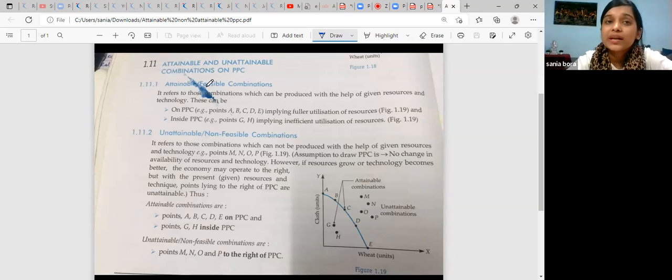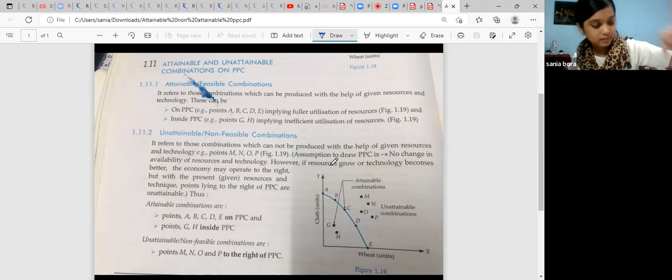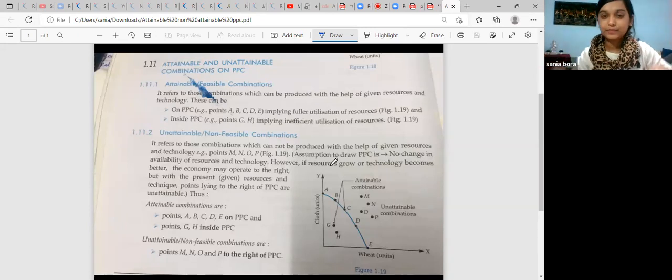So what are attainable, ma'am? It refers to those combinations which can be produced with the help of given resources and technology. Clear?